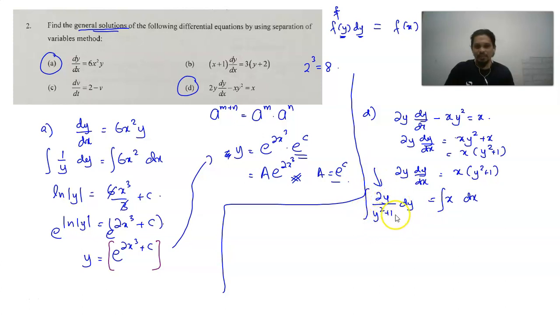I think that we're going to use the substitution method, which is u equal to y squared plus 1. So then du equal to 2y dy.